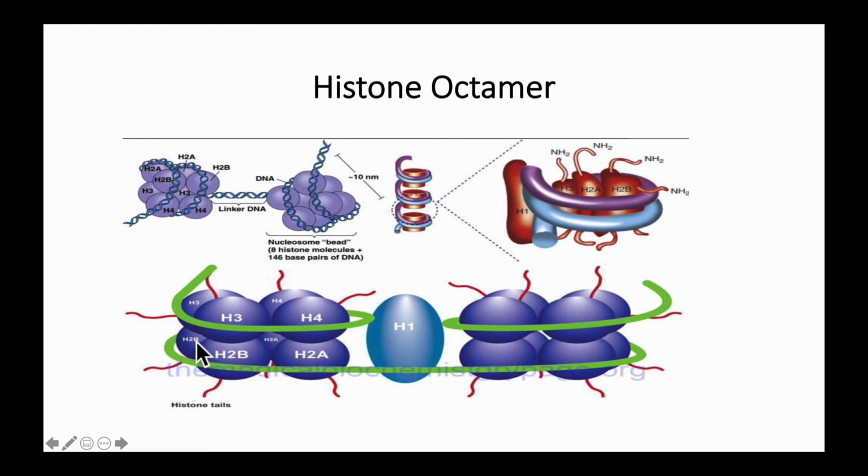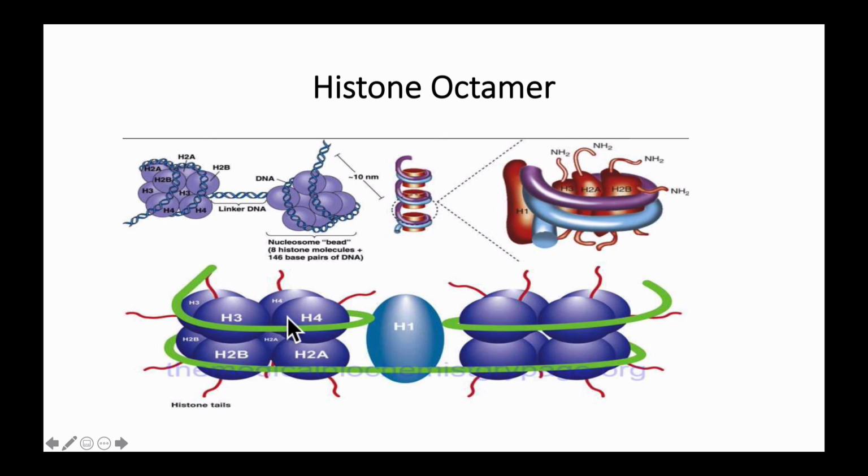When these two dimers come together, they form a tetramer. Then on top, we have an H3 and H4 dimer, and behind that another H3 and H4 dimer. Again, these two dimers also form a tetramer. Now we have a tetramer on top and a tetramer on the bottom. When they combine, they form this histone octamer.